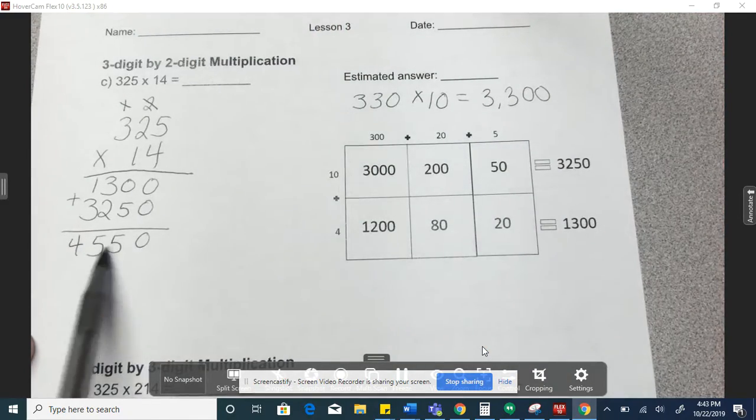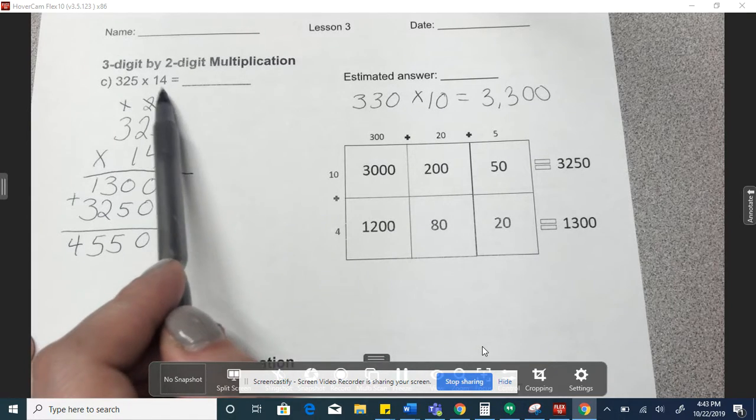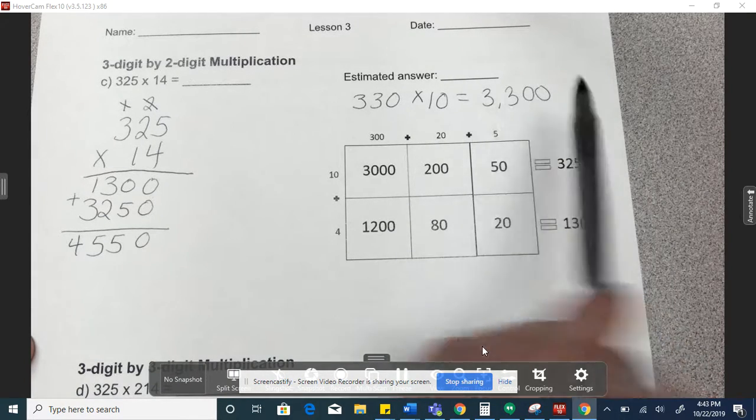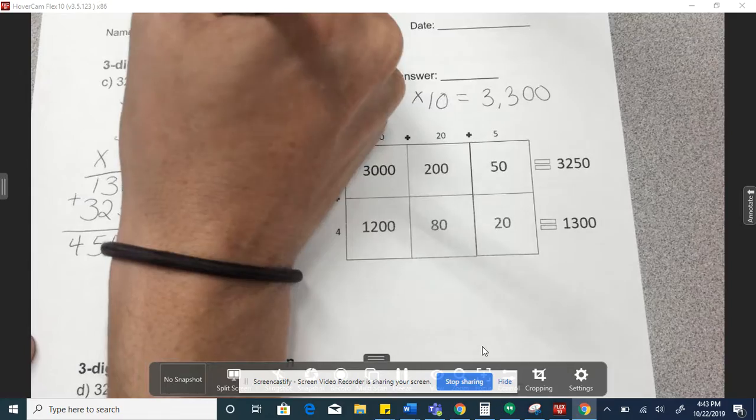Is that pretty close to 4,550? Kind of. Oh, but you know what? 10 is less than 14, so our estimate is going to be a little bit smaller. Oh, that makes sense. So 4,550 is our answer.